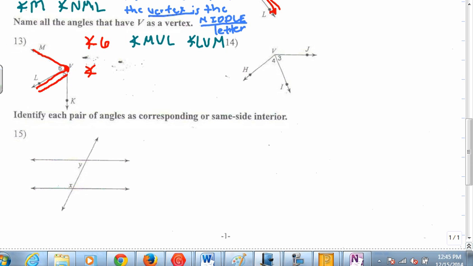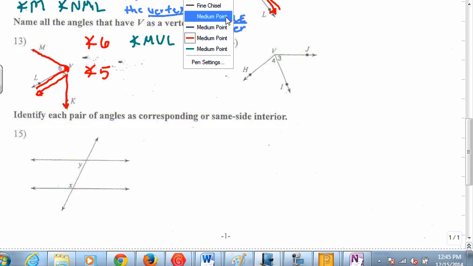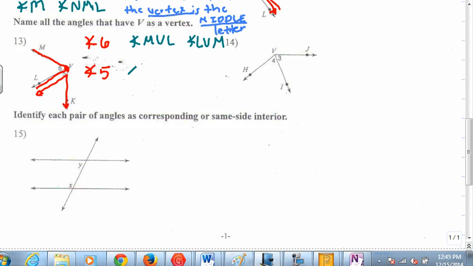Okay, now we want this angle over here. What would we name this angle? Angle 5. How else could we name it? Angle KVL or angle LVK.